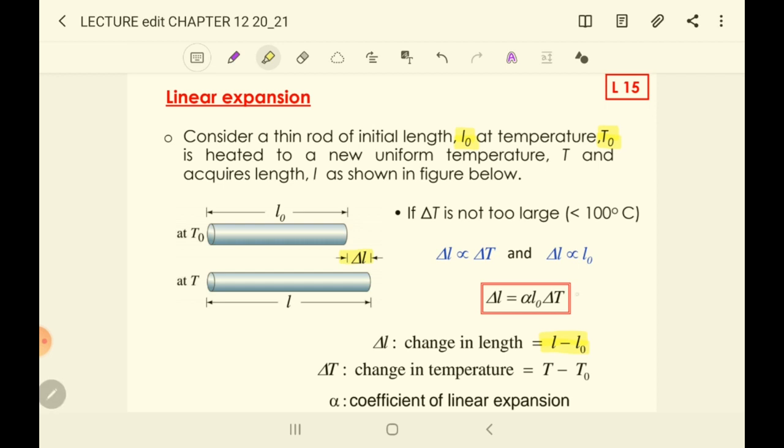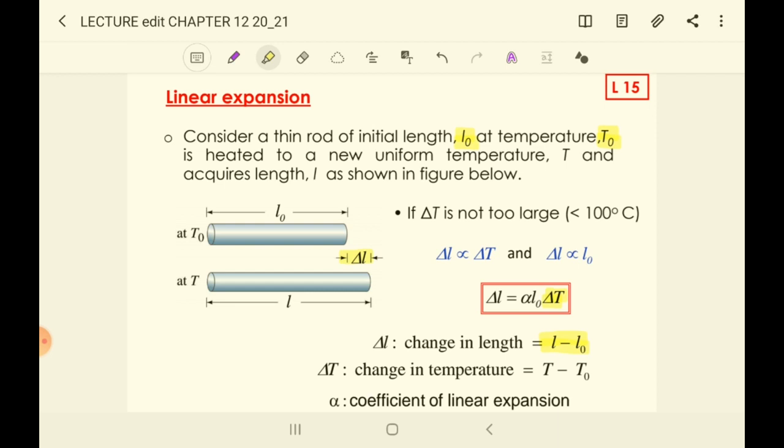Now, the change in length delta L is equal to alpha L0 delta T. By using this equation, we can calculate the change in length when there is a change in temperature of delta T, where delta T is the change in temperature and alpha is the coefficient of linear expansion.